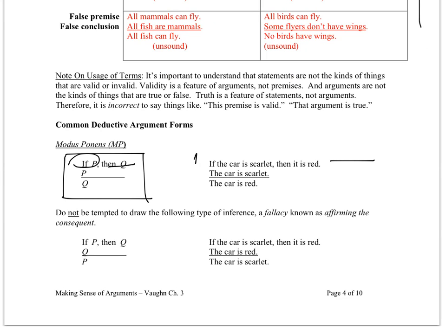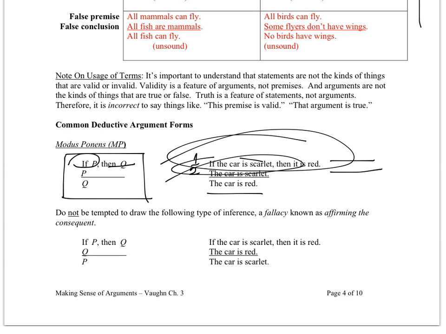That's the first premise. And the second premise, it's confirmed that the car is scarlet. These two premises guarantee that the car is red.